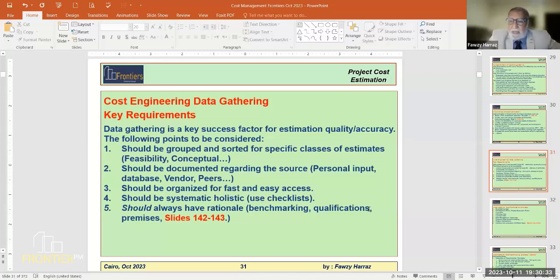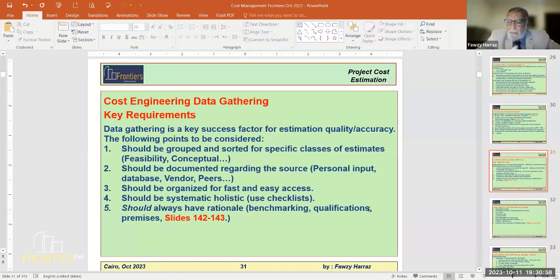There's lots and lots of data, but then you have to evaluate which data to use. If you are, for example, preparing a bid, definitely you need recent unit prices from the same market, preferably, considering the most recent market changes.